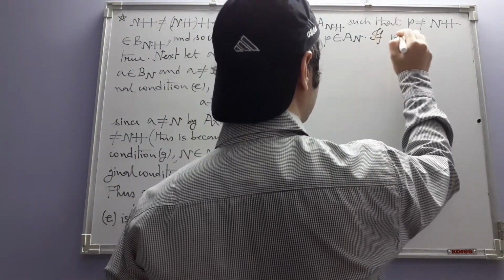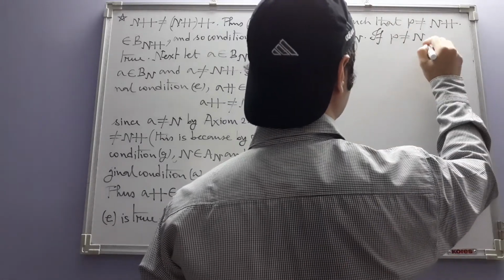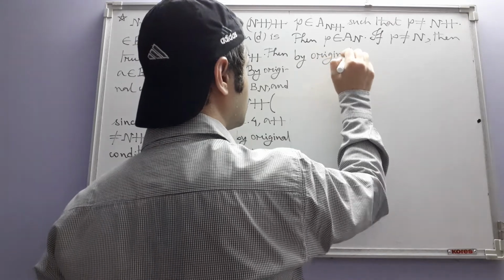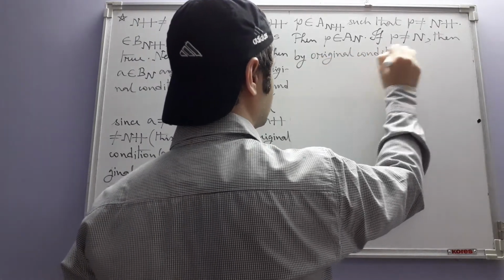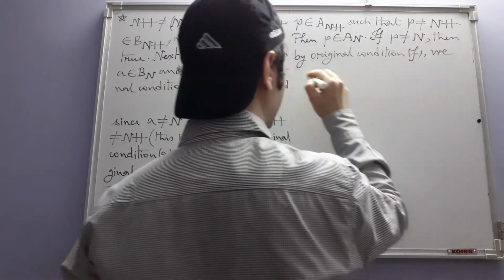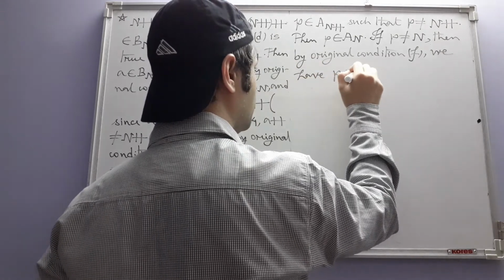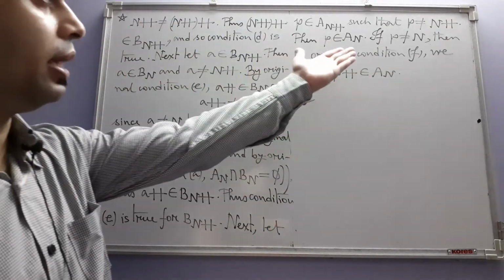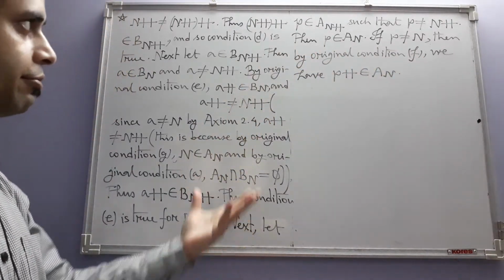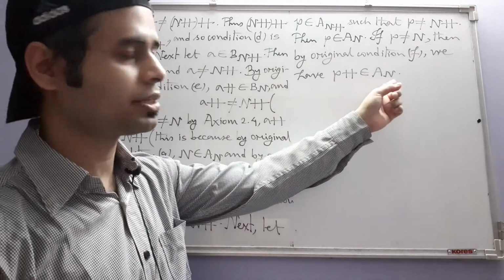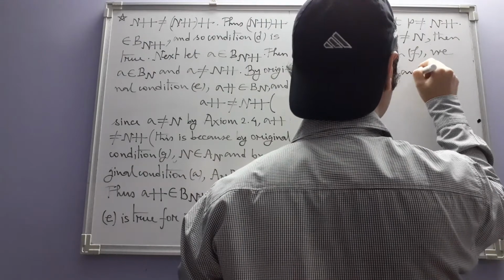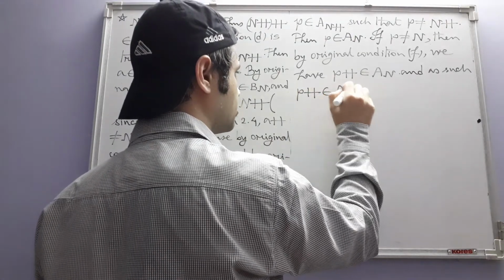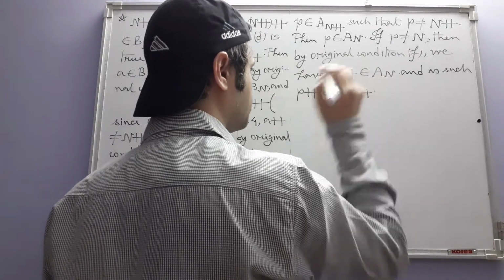If P is not equal to n, then by original condition F, we have P plus plus belongs to A_n, because if P belongs to A_n and P is not equal to n, then from the original condition F that A_n and B_n satisfy, we get P plus plus belongs to A_n, and as such, it will also belong to A_n plus plus from its definition.